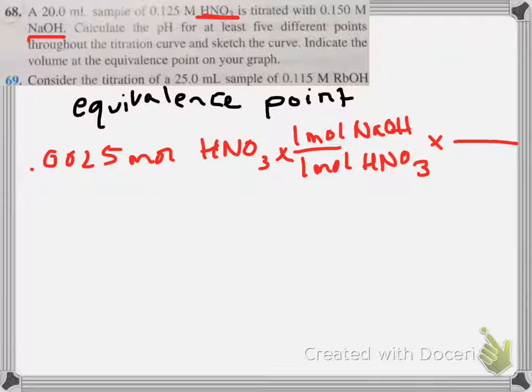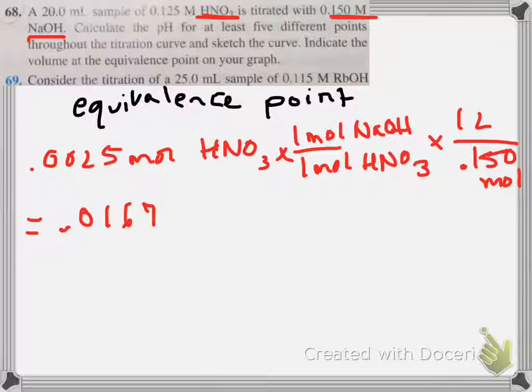So I know that due to the concentration of NaOH, in 1 liter of NaOH, I have 0.150 moles. Therefore, my volume at the equivalence point of my sodium hydroxide will be 0.0167 liters, which is equal to 16.7 milliliters.